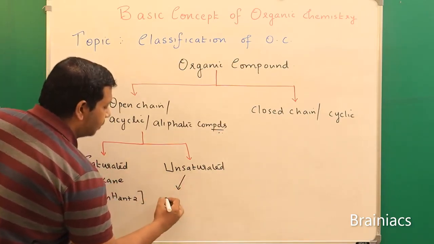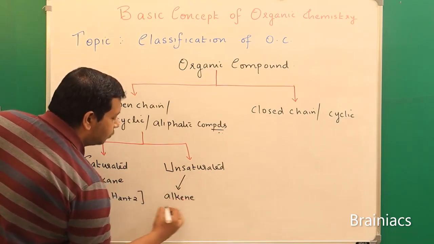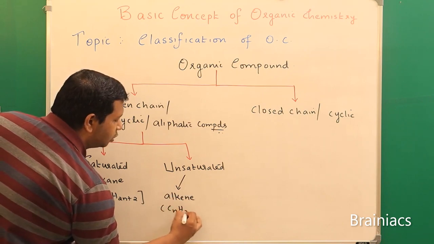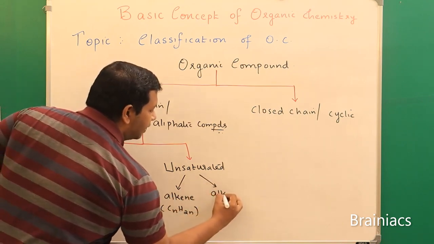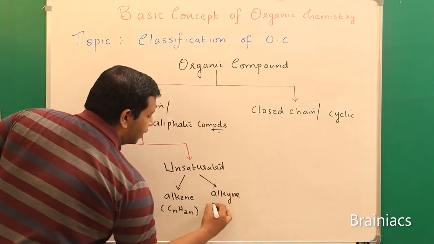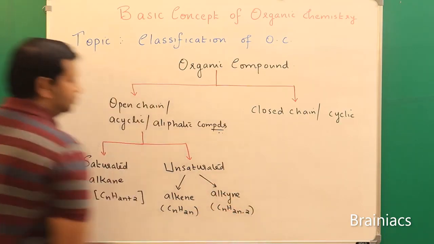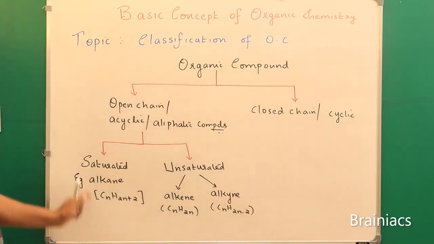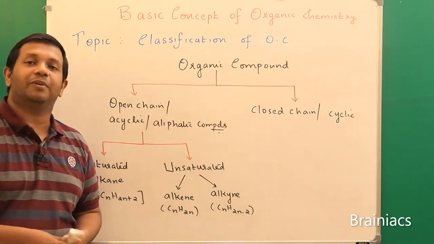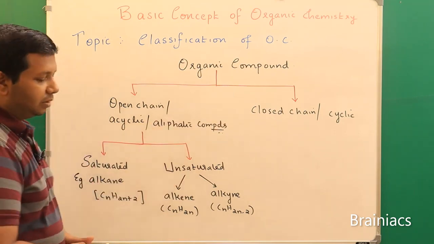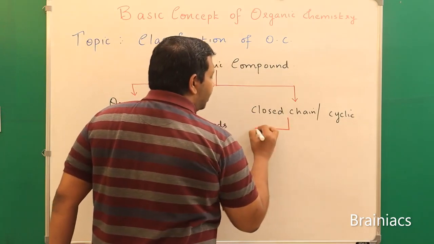One is double bonded, that is alkene. Its formula is CnH2n, and the other one is alkyne, that is CnH2n-2. Correct? So these are the classifications. Now coming to the closed chain, that is very important. Okay. So coming to the closed chain organic compounds, it is further divided into two.